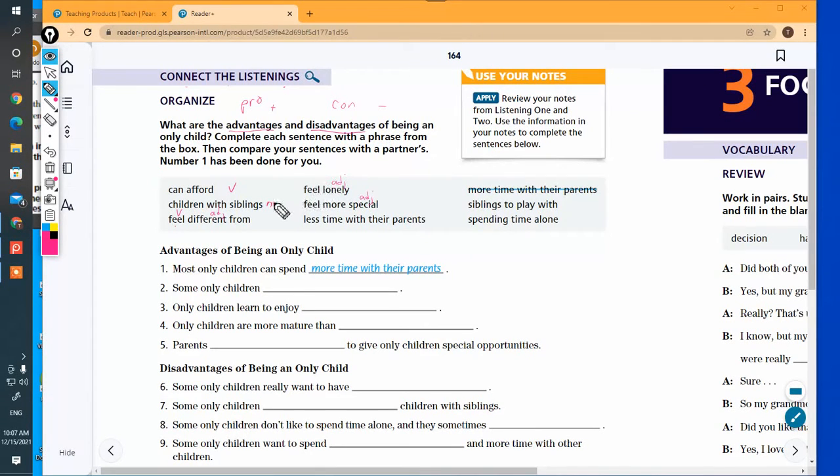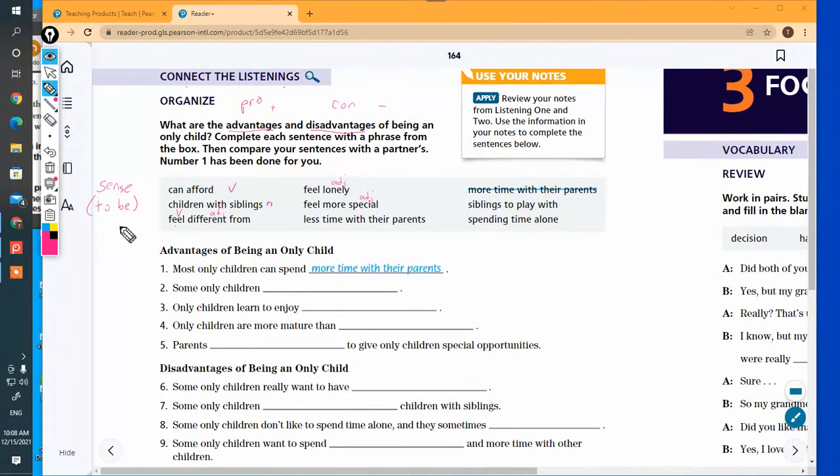Okay, so after feel, this is one of those sense verbs. You can use adjectives. Remember, I mentioned before some sense verbs that function like to be verbs.